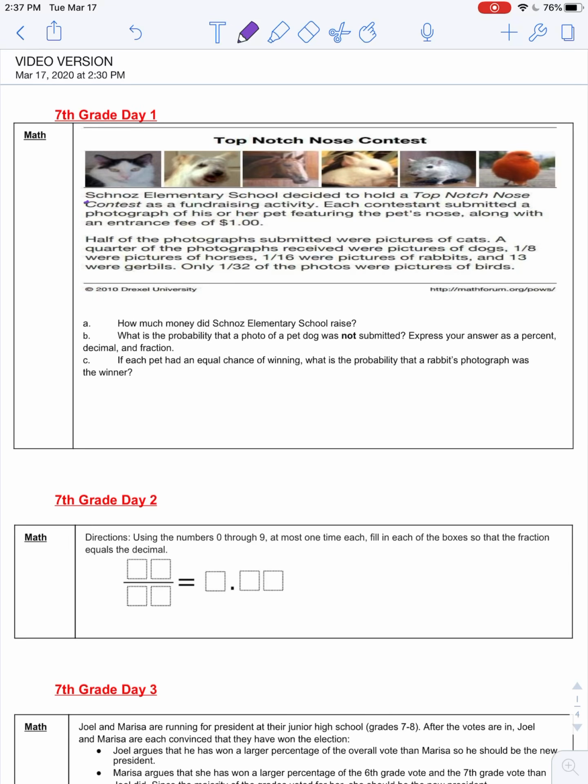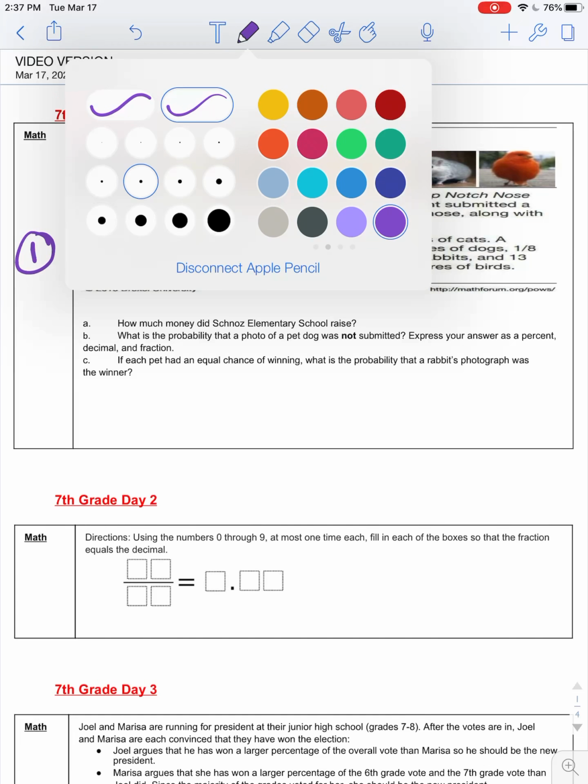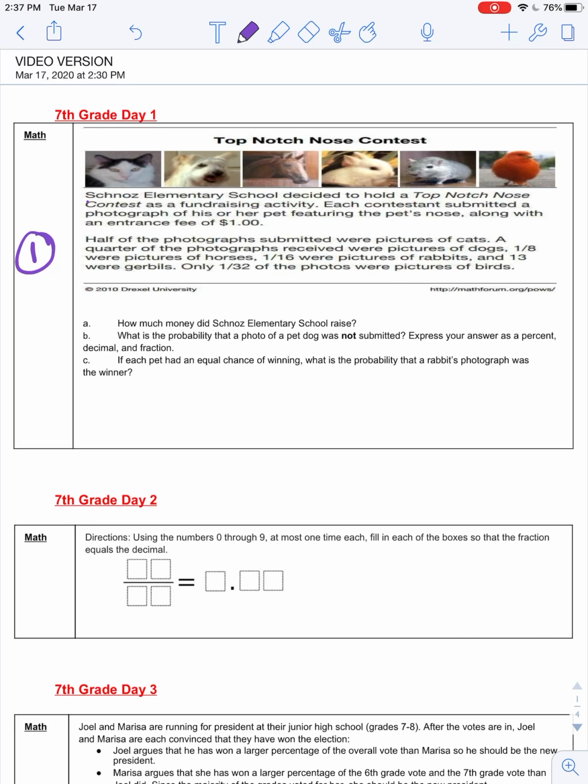It says Schnoz Elementary School decided to hold a top-notch nose contest as a fundraising activity. Each contestant submitted a photograph of his or her pet featuring the pet's nose, along with an entrance fee of $1. So we know for every picture they charged $1. Then it gives us all these fractions.